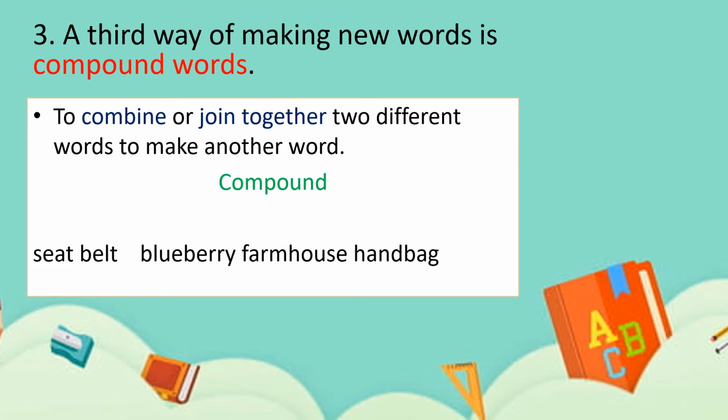The third example is farmhouse. Farm is a word and house is also another word. Handbag. Hand is one and bag is another one.